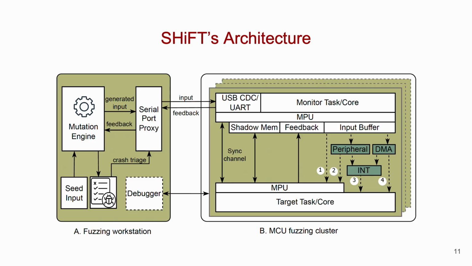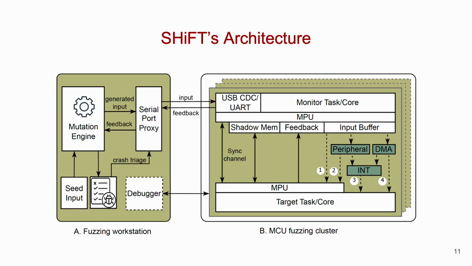The fuzzing loop proposed by SHiFT based on the semi-hosted approach now looks something like this. The workstation stores the seed pool and performs input generation, which includes seed scheduling and mutations. The mutated input is then sent via a serial port proxy to the MCU using the USB CDC communication protocol. This serial proxy also stands in for the target binary while the feedback is received from the MCU. The MCU consists of two separate tasks.